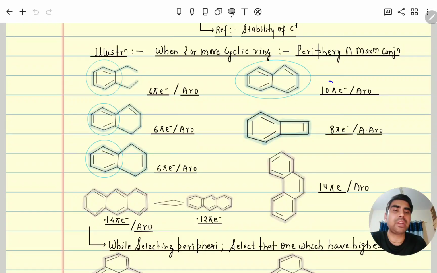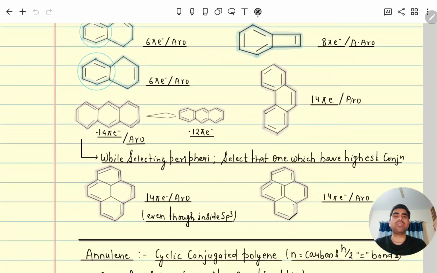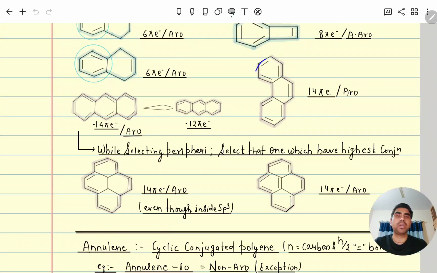In that, how many? 10 pi electrons, so aromatic. Similarly here also periphery and maximum cyclic conjugation. Here 8 pi electrons, so it is anti-aromatic. Similarly here you can see the periphery, with a maximum of 14 pi electrons in total, so aromatic.